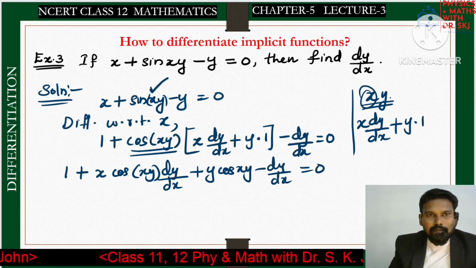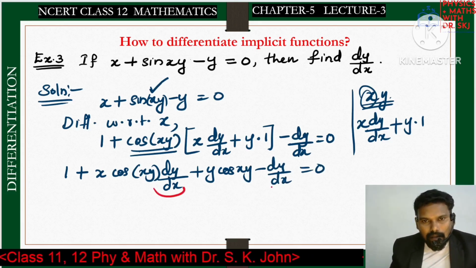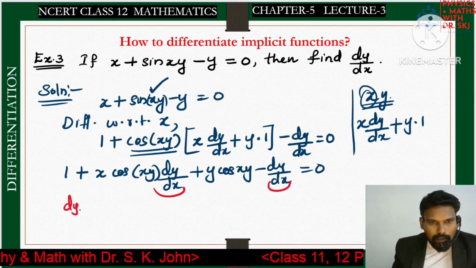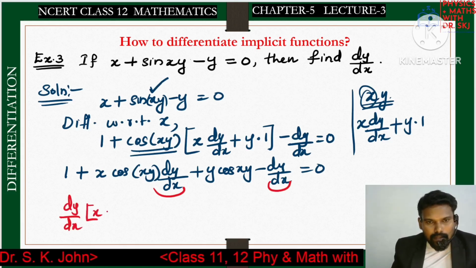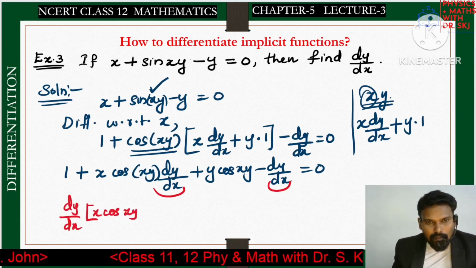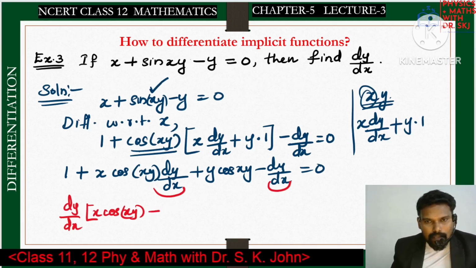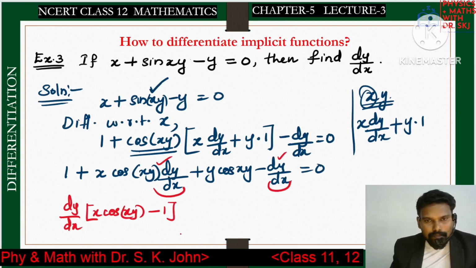Now the next step: you can see dy by dx in this term, also in this term. So you have to take dy by dx common. Dy by dx times x cos xy minus 1, this term and this term.